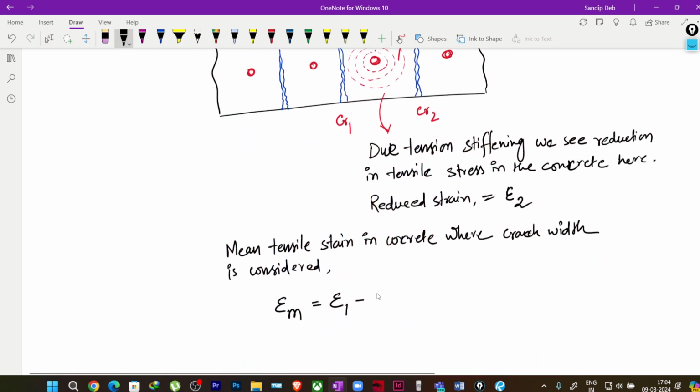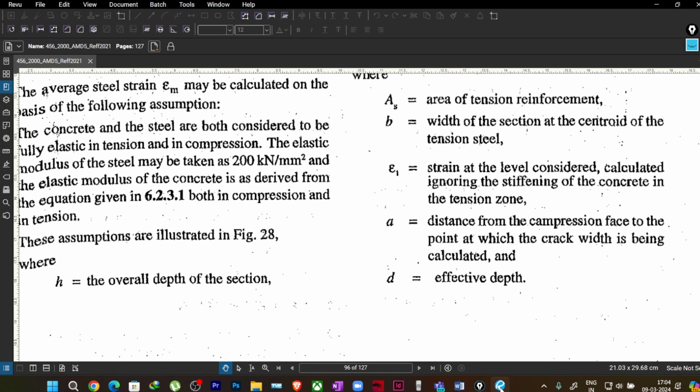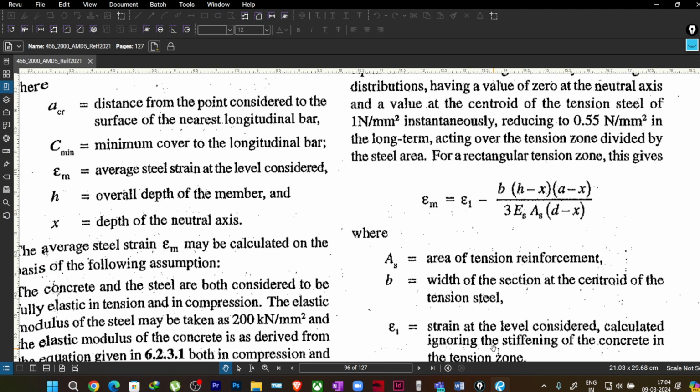So it is ε1 minus ε2. Now the code has given the value of this ε2, which is the reduction in the strain.